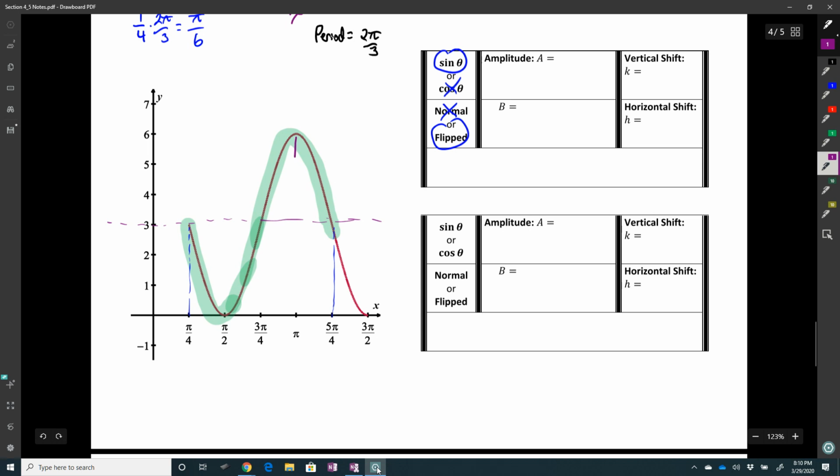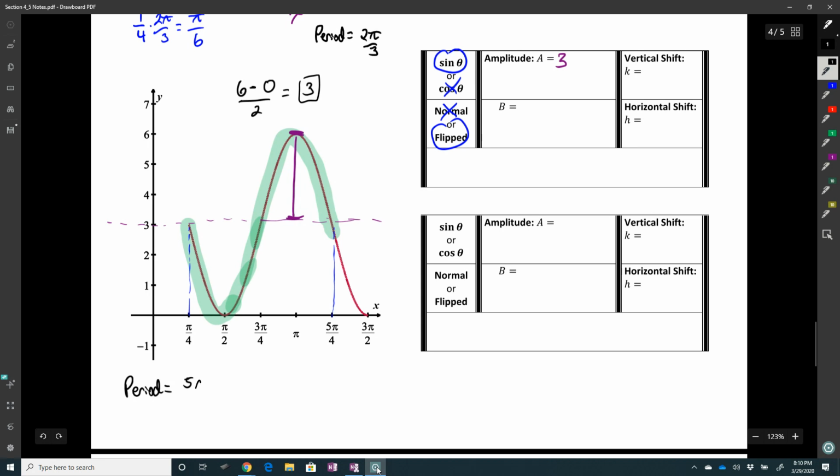And from the middle all the way to one of the peaks or valleys, that's just 3. So my amplitude is 3. Or if you wanted to use a formula, you can say the peak at 6 minus the valley at 0, over 2, and that just gives you 3. So that's my amplitude.